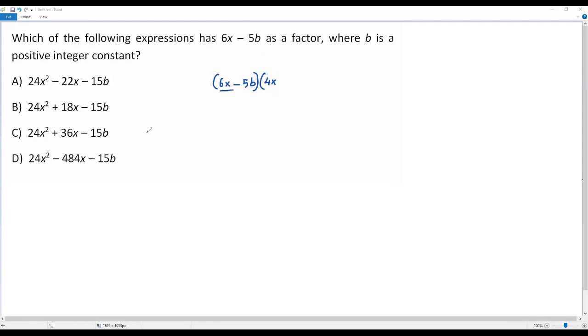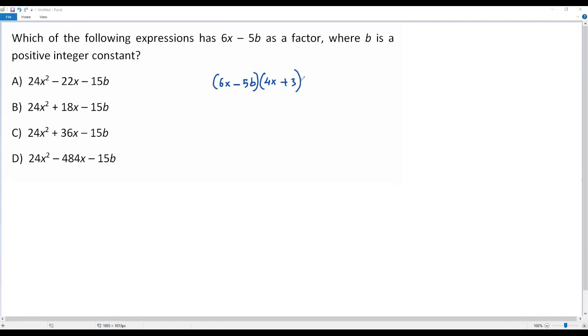That's the leading term in all the answer choices over here. Now, what should I write over here so that when I multiply this negative 5b and the term over here, that is equal to the constant term that we have in all the answer choices, that is negative 15b. It's very clear, I have to write a positive 3. When I multiply negative 5b and positive 3, I am getting negative 15b that we have as a constant term in all the answer choices.